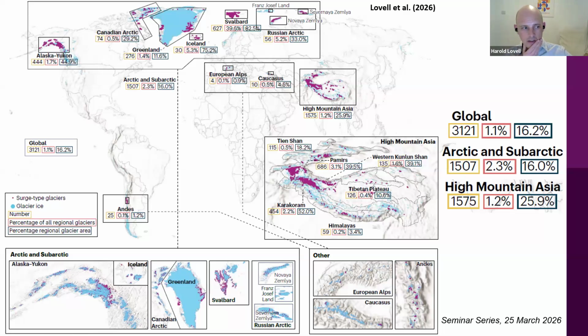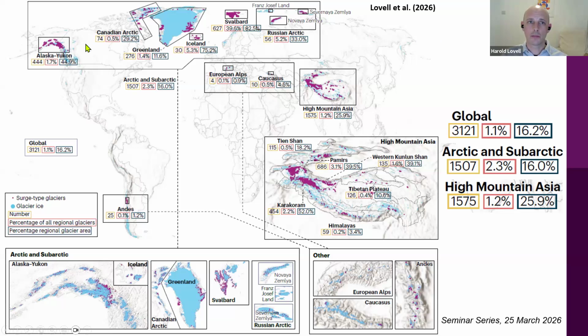So in our study, we did an analysis of where all the glaciers are that surge or have surged in the past, and we came up with a number of around 3,000 glaciers, around 1%, which is pretty much what you would have read in the literature for many years, to be honest. So 1% of all glaciers, but at least 16% of glacier area. So these are affecting a fairly large proportion of glacier area globally.